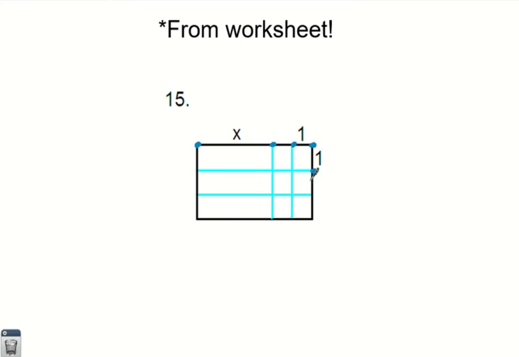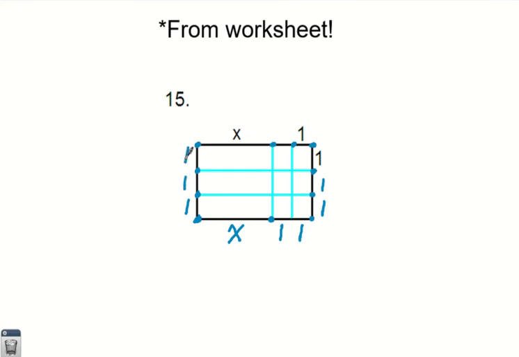Wouldn't from here to here be a 1, and if these are all the same, then 1 and 1, and then from here to here wouldn't that be x? And then from here to here is 1, and from here to here is 1.